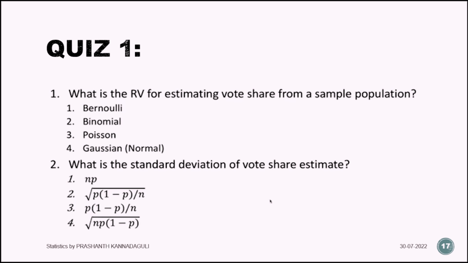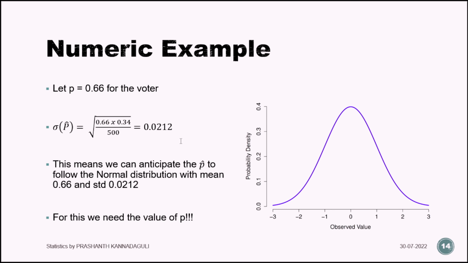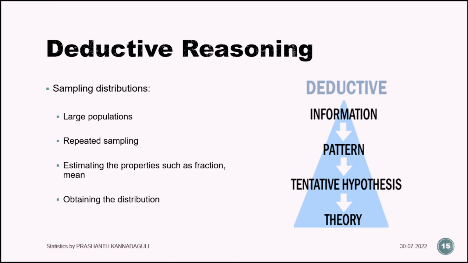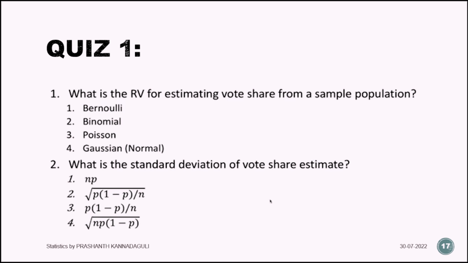Coming to the standard deviation, it is the root of the variance. If you look at the variance part, the variance is p into 1 minus p by n, and the standard deviation will be the root of that. So you need to answer the one which has a root. So the root of p into 1 minus p by n is the correct answer.